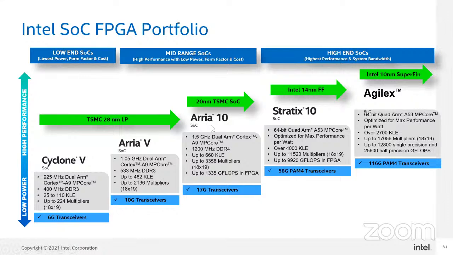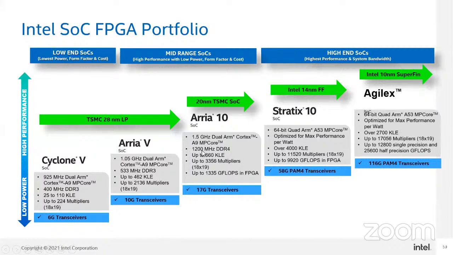Now, when we move on to Arria 10, which is mid-range, you can easily compare. Along with the FPGA, we need to have the processor. Here it works at 1.5 gigahertz with a dual core ARM Cortex A9, and you can see 1200 megahertz DDR4. Here you can see 400 megahertz, and when we move on to Arria 5, it is 530 megahertz.